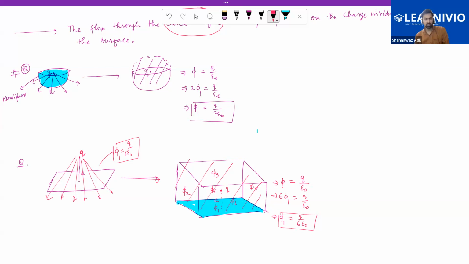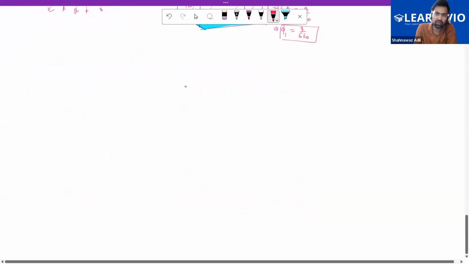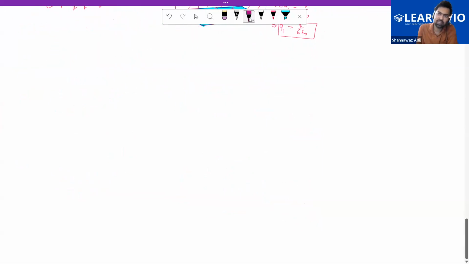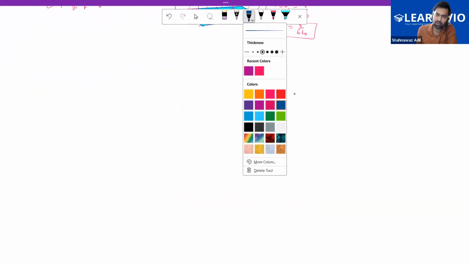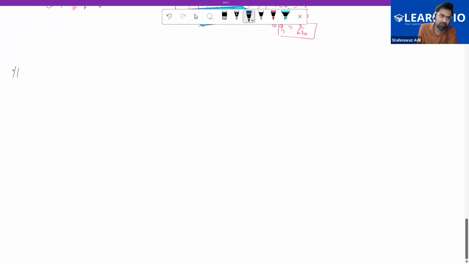Okay. So now let us understand the application of Gauss law. And to understand the application of Gauss law, firstly, we require the Gaussian surface, right? So what is a Gaussian surface?